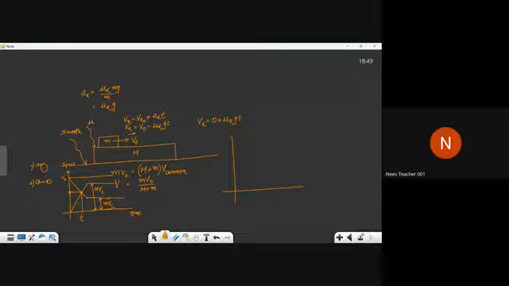Yes, sir. So if I am to ask you for T1, you will say this is equivalent to what being same? Speed being same, okay?